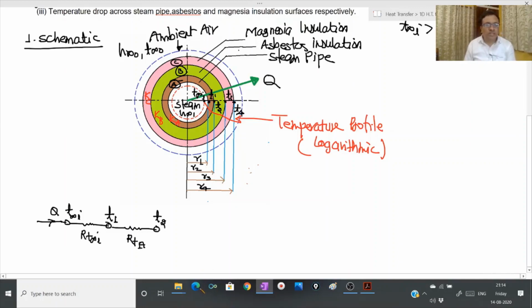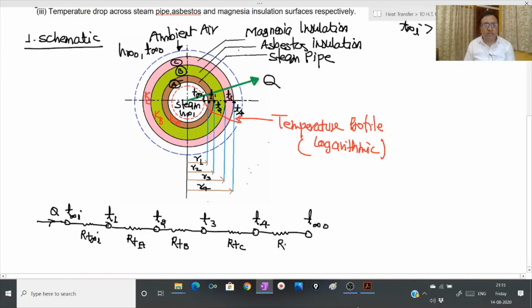The third thermal resistance will be offered by the material of asbestos insulation between the temperatures T2 and T3. Once again, it will be conductive thermal resistance represented by RTB. The fourth thermal resistance will be offered by the material of magnesia insulation. It is also conductive thermal resistance represented by RTC. And finally, the thermal resistance will be offered by the air film between the temperatures T4 and T infinity o.